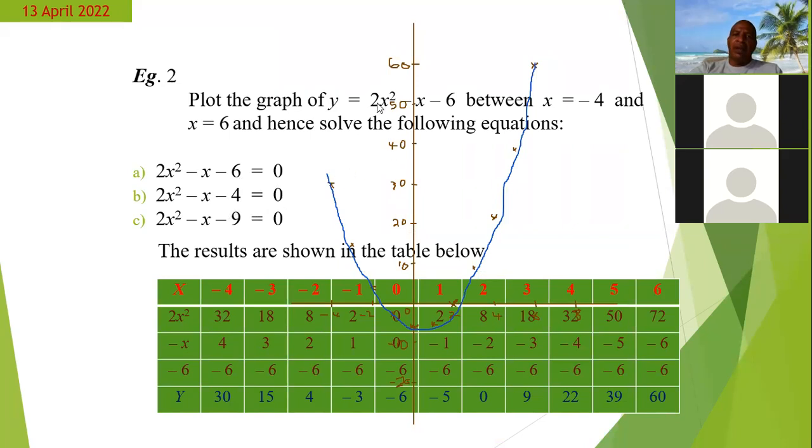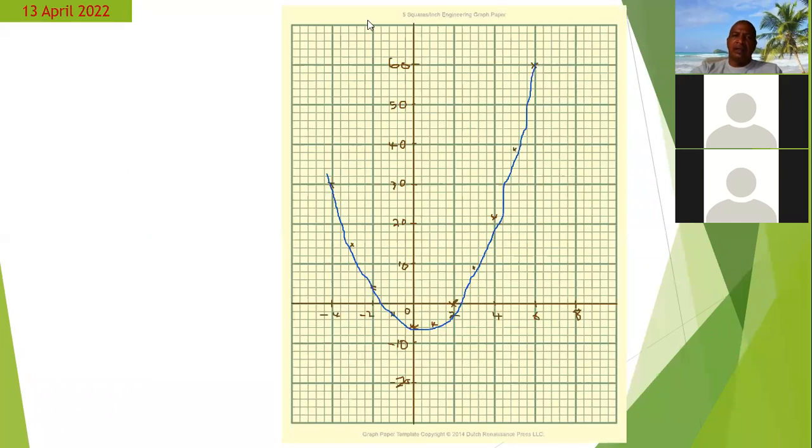Now the one that we are plotting is the first one, and the next one. So we are going to write these equations on the other side. So 2x squared minus x minus 6 equals 0, and the other one is 2x squared minus x minus 4, and the other one is 2x squared minus x minus 9. All right, we're going to try to write those.